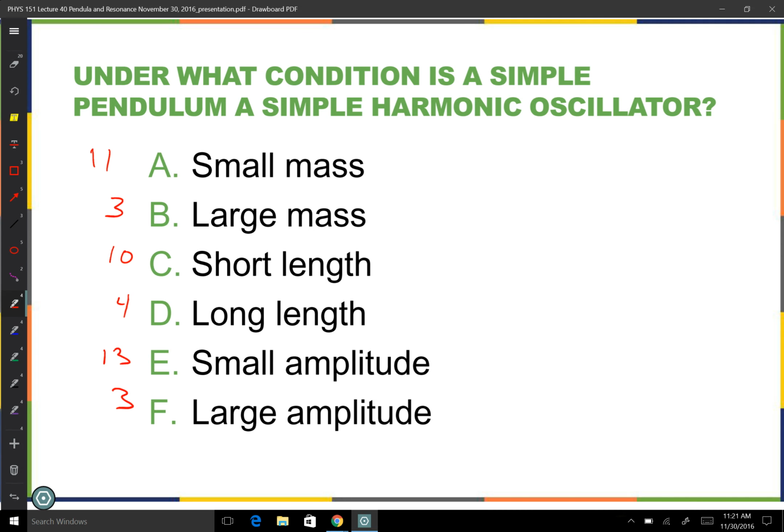Okay, let's go ahead and give it a second shot. So you can start answering now.